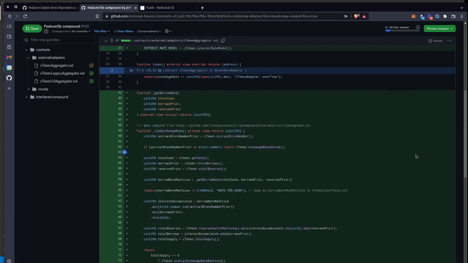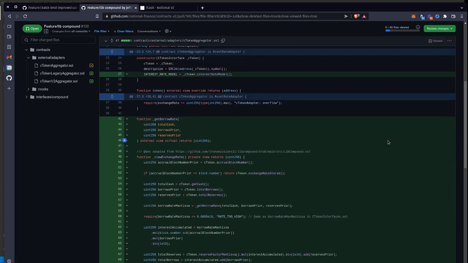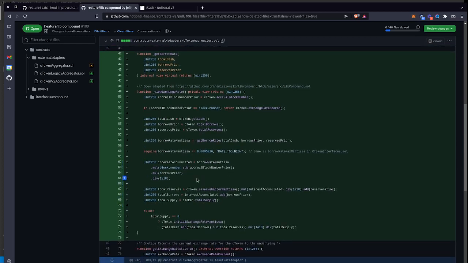And then the other improvement we're going to make to the developer experience concerns C token exchange rates. C token exchange rates are interesting because you can't get the most current exchange rate through a view method.